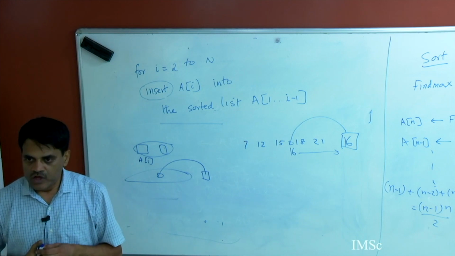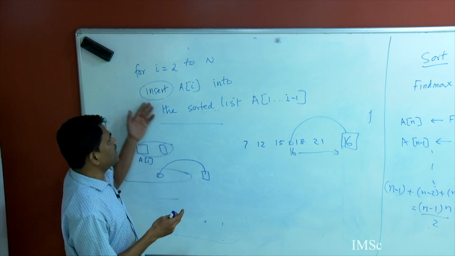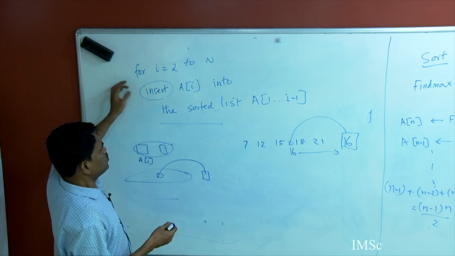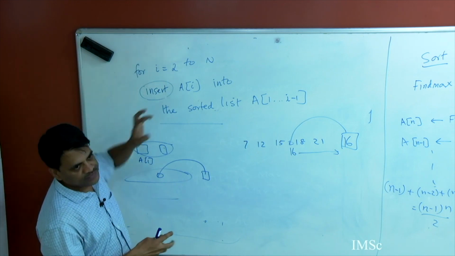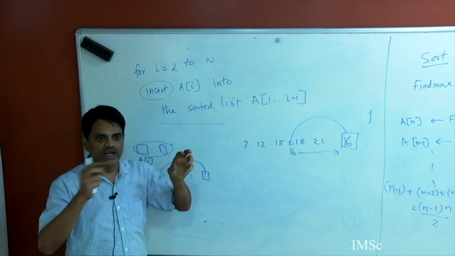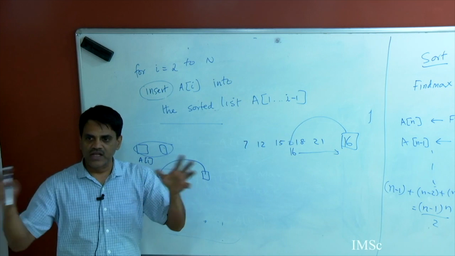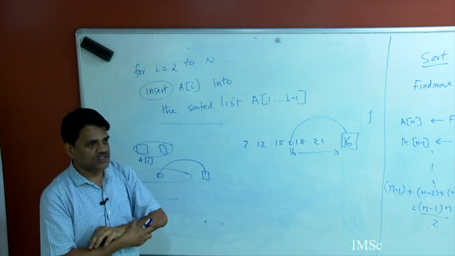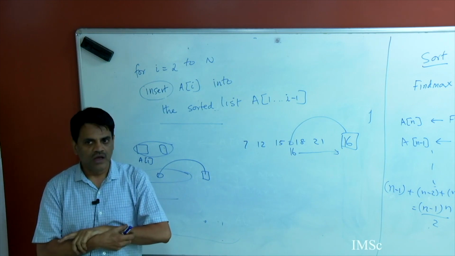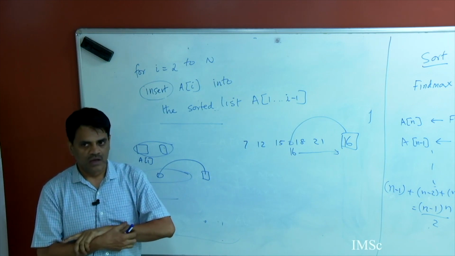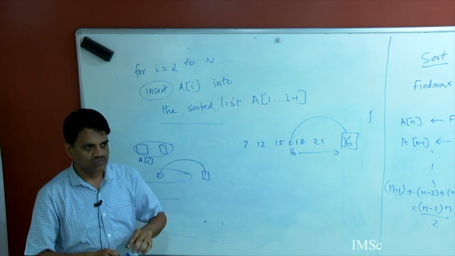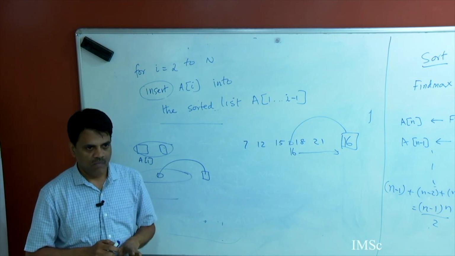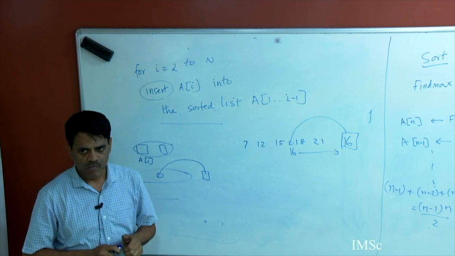Okay. So now if I repeatedly do this, so A1 by itself is sorted, insert A2 into that list, A3 into that list, and overall, how many comparisons would I have taken? First step there would be one comparison.